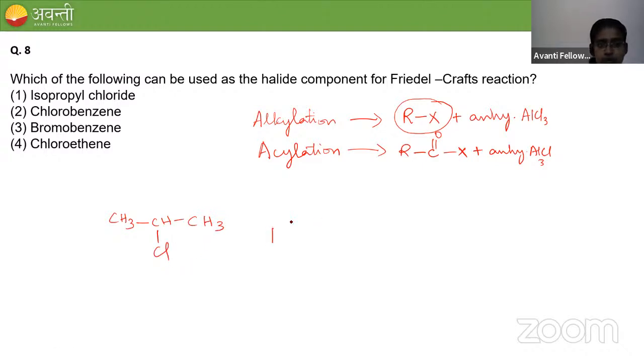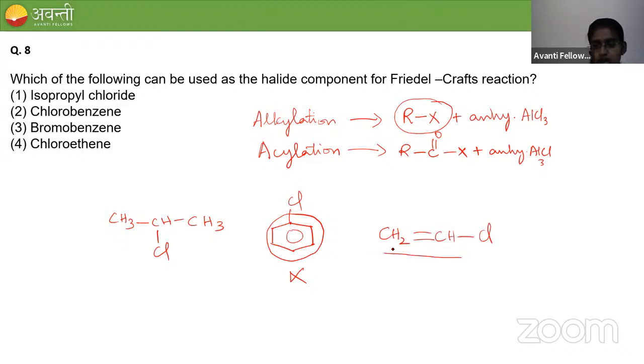And the compound number 2 is chlorobenzene. So this is an aromatic compound, right? This is not the alkyl part. So this is not the alkyl halide. Bromobenzene also same thing. That will not be an alkyl halide part. And chloroethene. So ethene is CH2 double bond CH2, and when you replace one of the hydrogen with one Cl, you will get chloroethene.